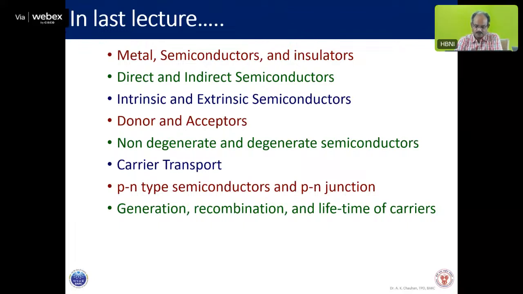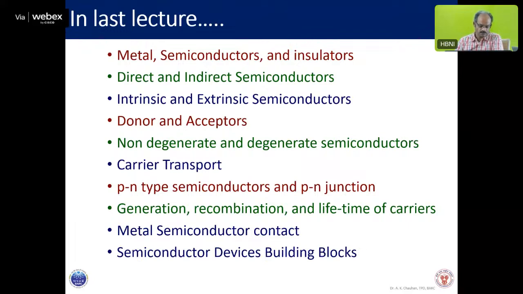Then generation, recombination and lifetime of carriers: how the carriers are generated, how they recombine, and the lifetime. Lifetime is how much time they survive before they recombine back. Then we saw metal semiconductor contact, basically Schottky contact, and then we saw what are different semiconductor device building blocks.